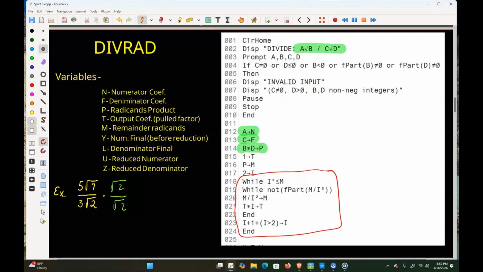So if I say 5 square root of 7 times square root of 2, that gives me 5 square root of 14. Square root of 2 times square root of 2 is 2. 2 times 3 is 6. So my answer is 5 square root of 14 over 6.